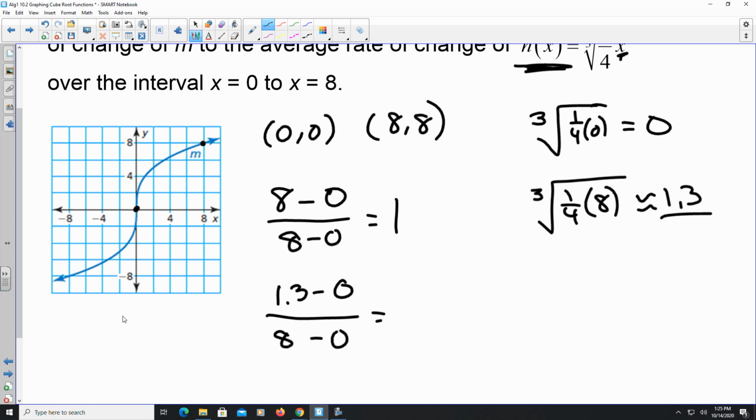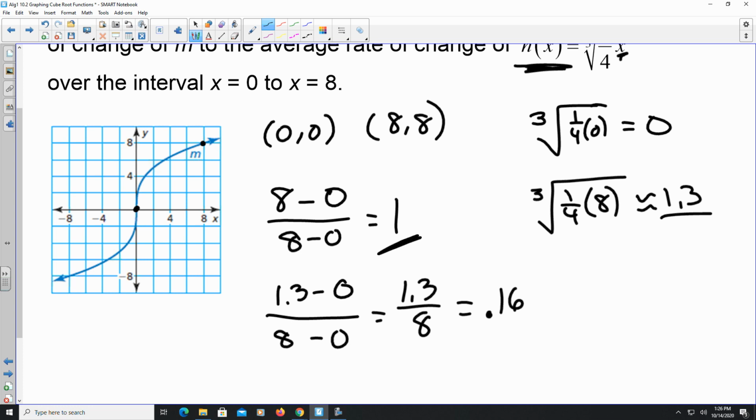So this is going to be 1.3 divided by 8, and that's going to get us about 0.16.